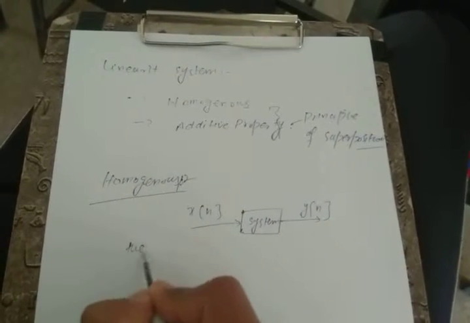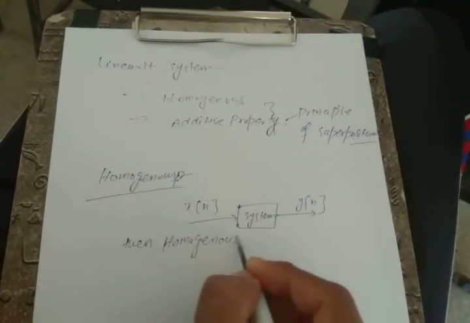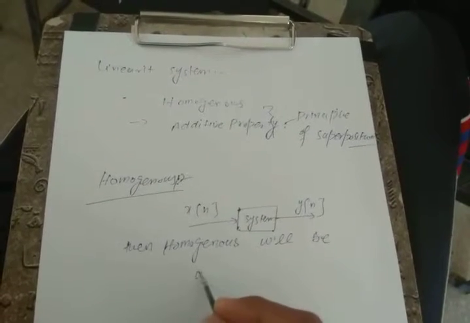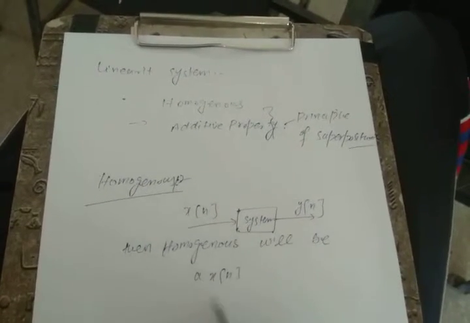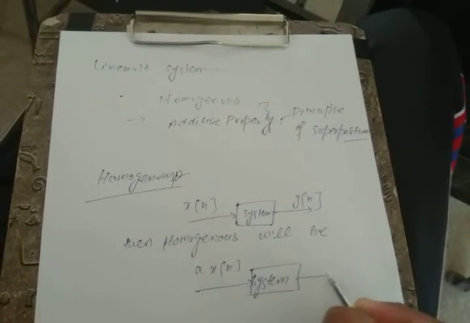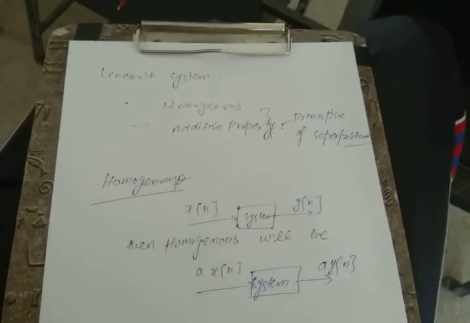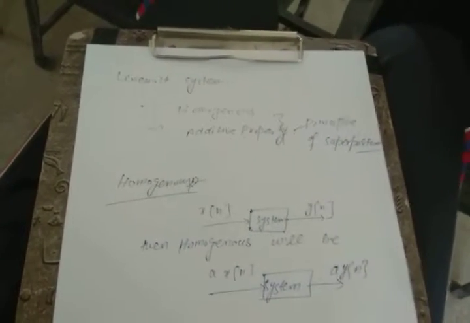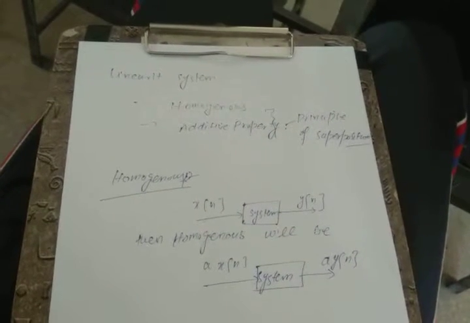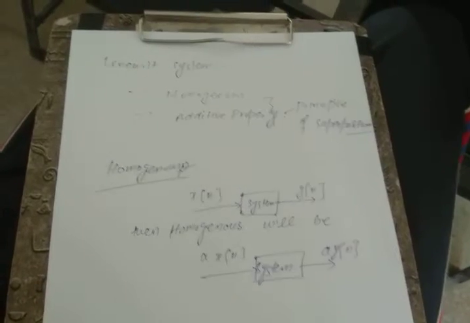Then the homogeneous property says that a x of n should give a y of n. This means that if we multiply the input by any constant, the output must also be multiplied by it. This is called the homogeneous system.